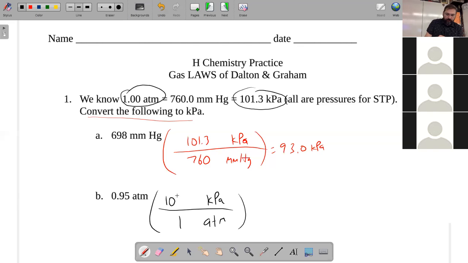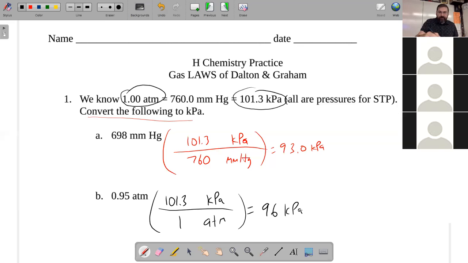Then it's 0.95 times 101.3. Let's see what that comes out to be. 0.95 times 101.3, 96 point. You only have two significant figures because the 0.95 only has two significant figures. So 96 kilopascal. That's what you should have gotten for that problem.